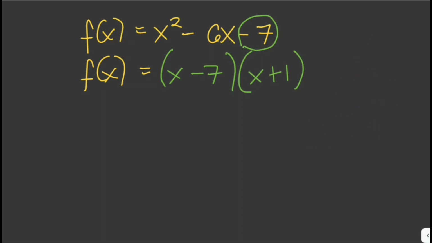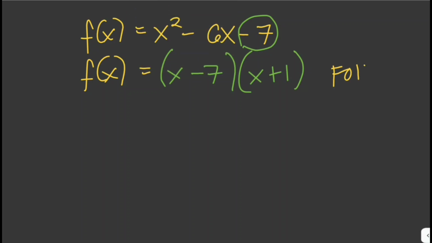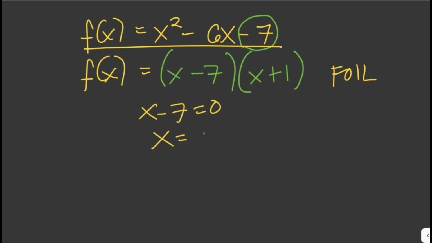Or you can still use the AC method, the one I previously used in the first problem. And to check this, you can do the FOIL. So these are now the factors for this equation. Then we can equate each factor to 0 to solve for the x-intercepts.